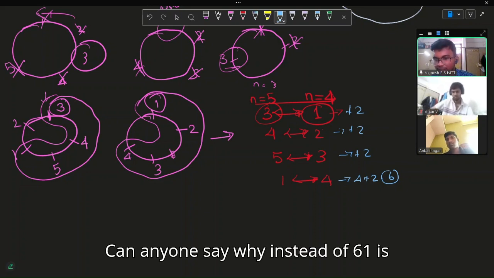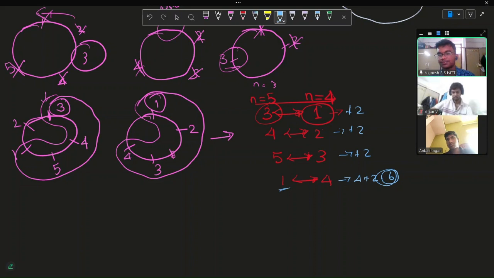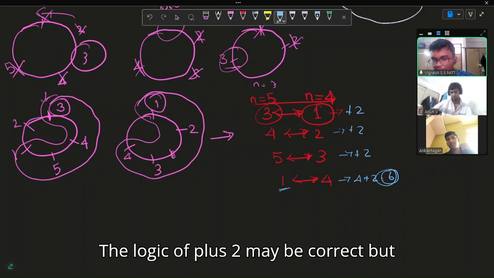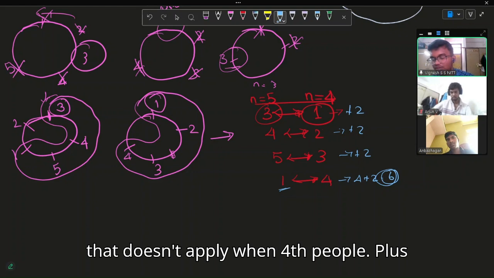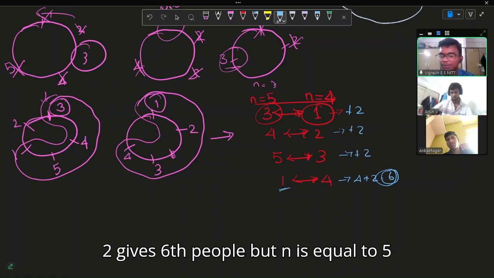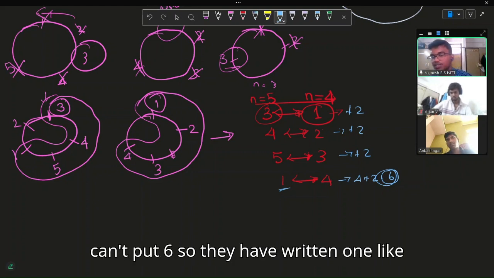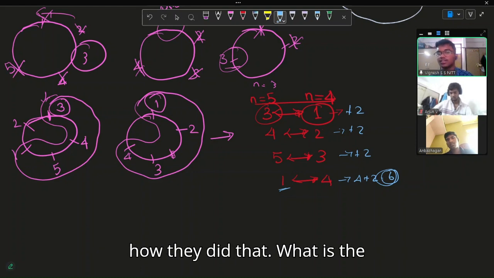Can anyone say why instead of 6, 1 is written there? The logic of plus 2 may be correct, but it doesn't apply when the fourth person plus 2 gives the sixth person, but for n is equal to 5, you can't put 6, so they have written 1. How did they do that?